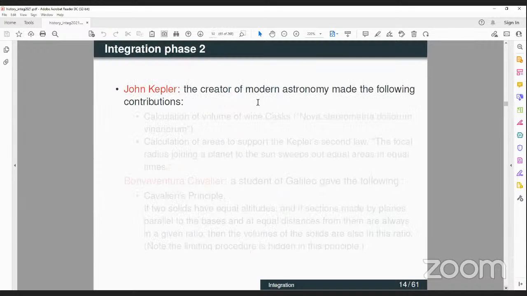For example, Kepler, the creator of modern astronomy, as far as integration is concerned, calculated the volumes of wine casks. There is a very well-known story about this. He was getting married, and wine was supplied by somebody in wooden barrels for the party.